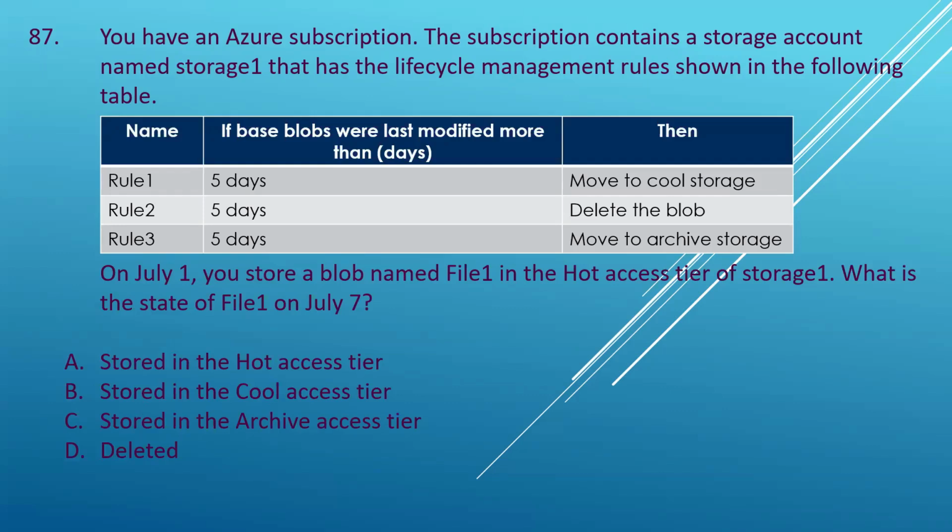So the action to move to archive is cheaper than to move to cool, and delete is cheaper than move to archive. So the correct answer here is file1 will be deleted. In this case, because every rule is being applied at the same time, by default lifecycle management chooses the cheapest option. That's why the file will be deleted.